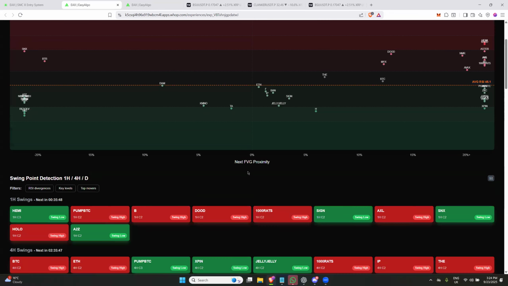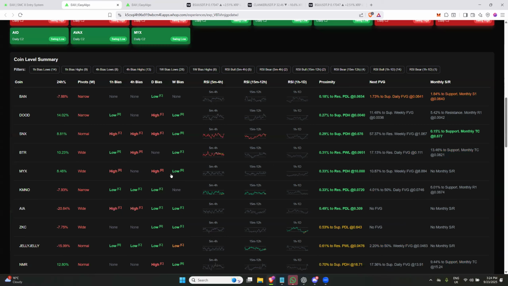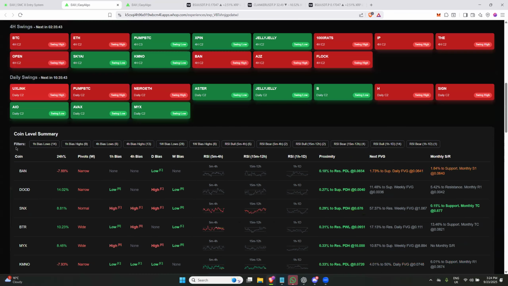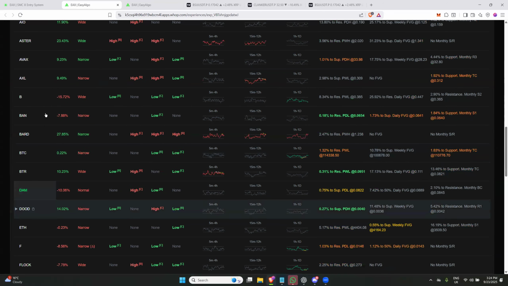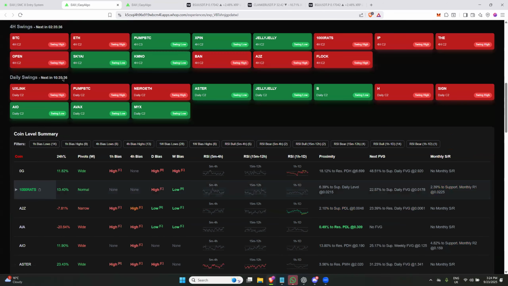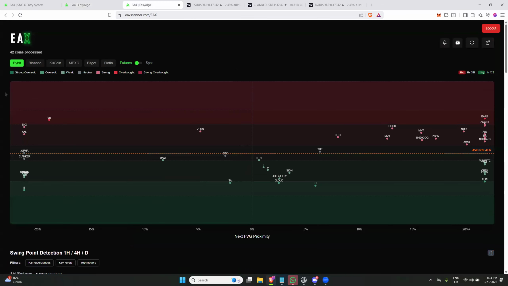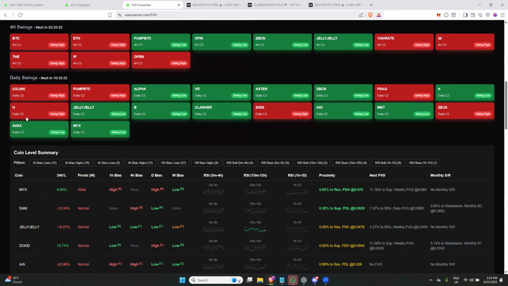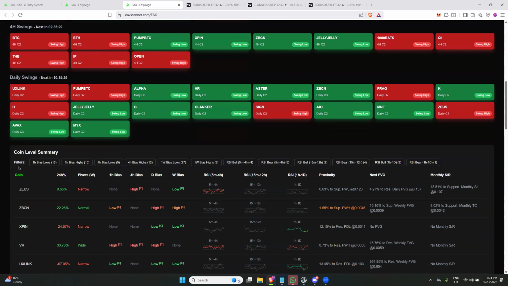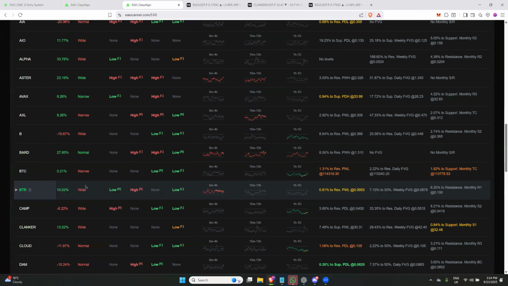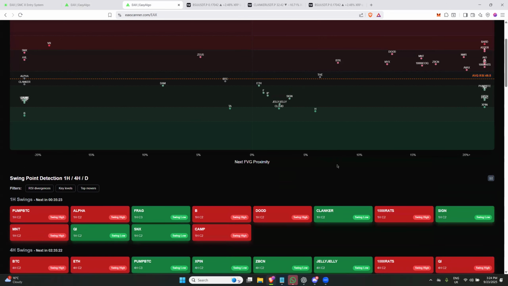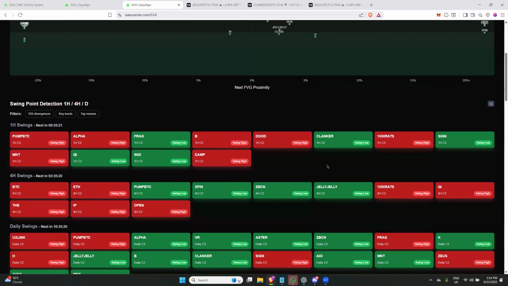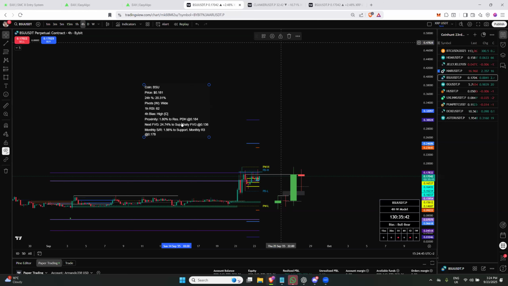Just want to see if it's on the store. No, it's moved off now. Okay, so it's obviously been replaced by other tokens that are moving more at the moment. So I can't get an update on that, unfortunately.